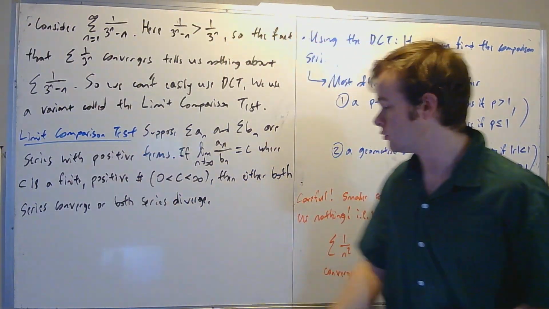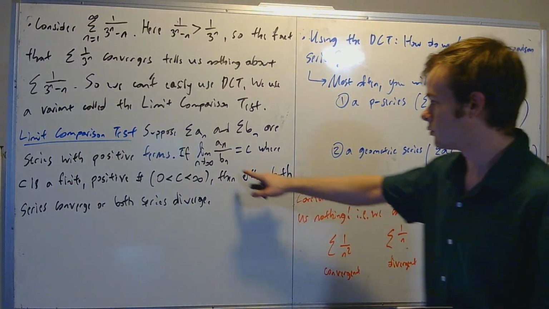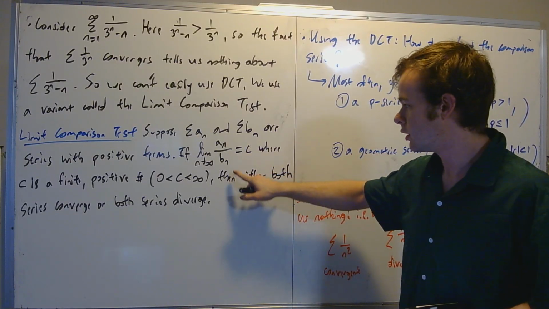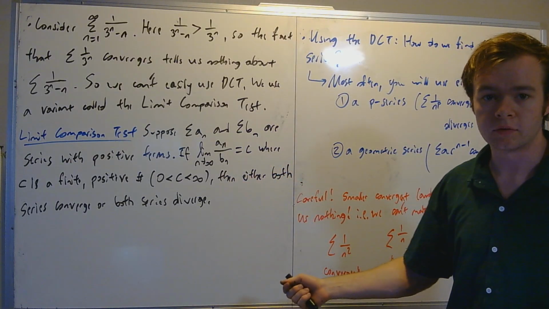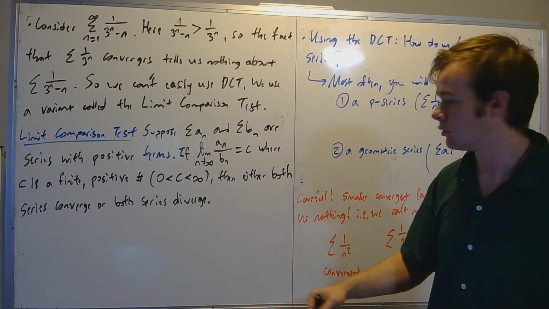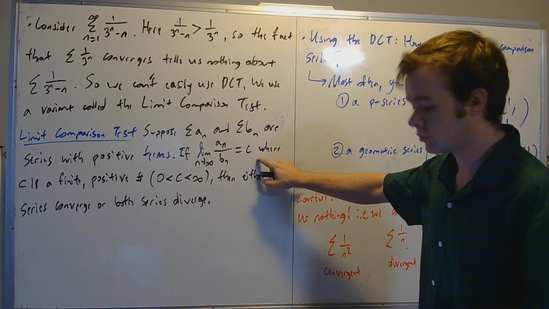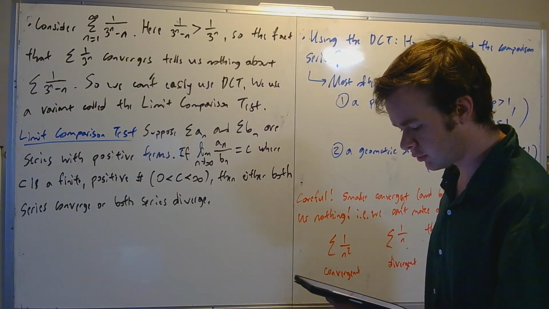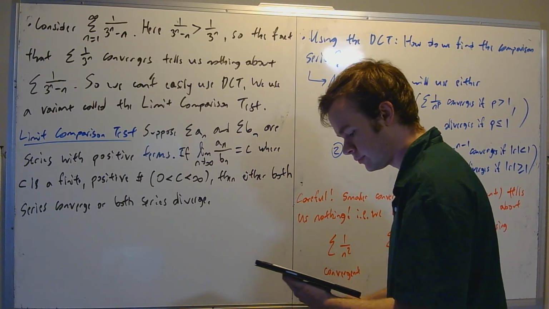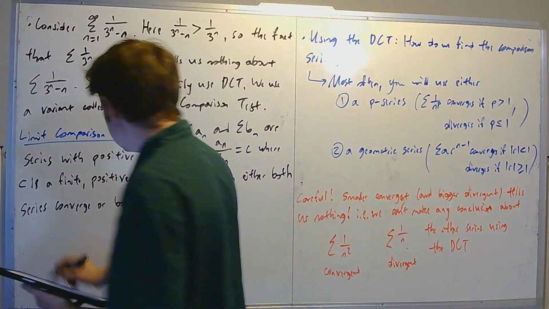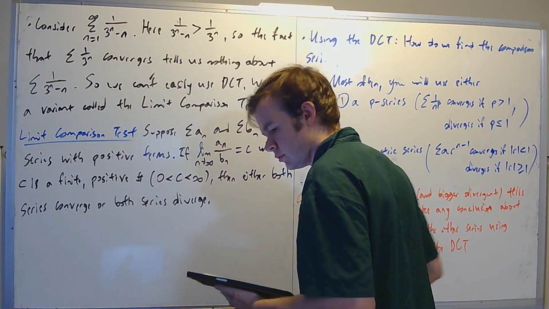Right, so this is a very useful tool because as long as we satisfy the hypothesis here, then as long as we know that one series converges, then the other one does, and if we know that one series diverges, then we know the other one does as well. So this does end up being very useful. So let's say example number 2. Let me just use the new board here.